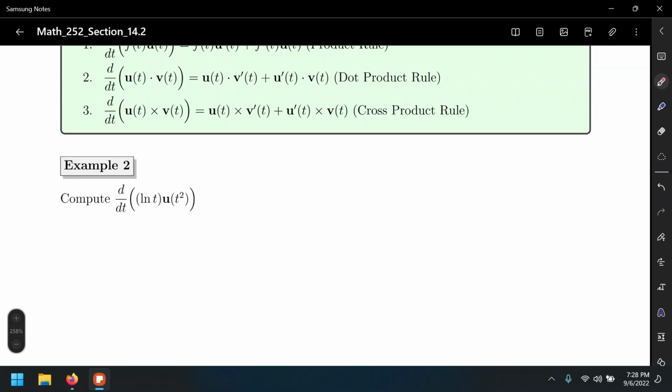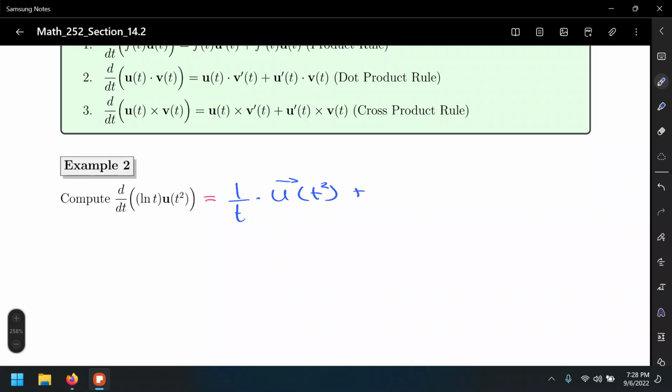So, all right. The derivative of this product. This is actually a scalar function and a vector here. So in this case, this will be the derivative of the first factor, the derivative of ln of t, which is simply 1 over t, times the second factor, which in this case is a vector u of t squared.